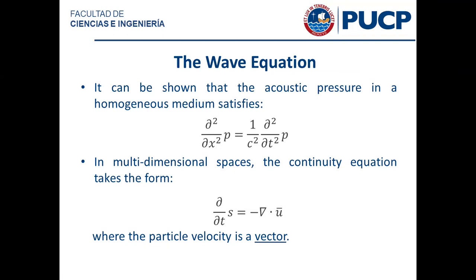But when we reside in a multidimensional space, we know that the velocity is a vector, right? The condensation is not a vector, it's a scalar, because the condensation is simply telling us what is the changing fractional density. That's the only thing that it's saying, right?